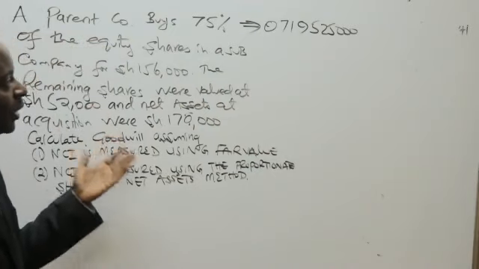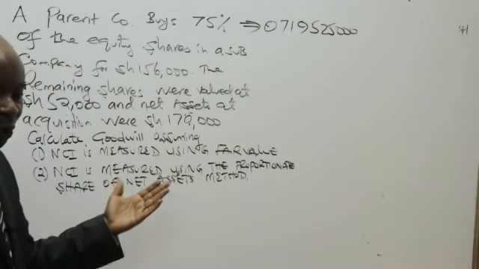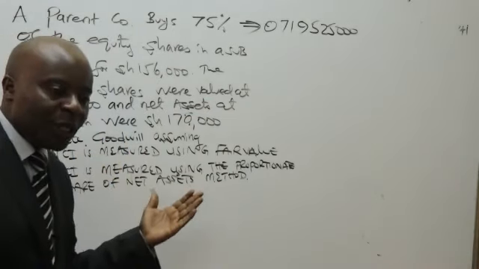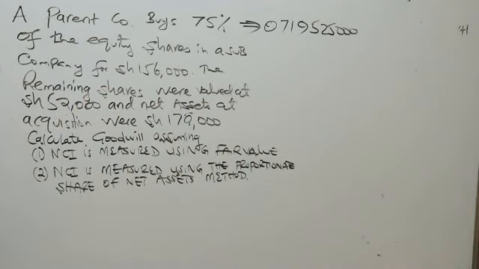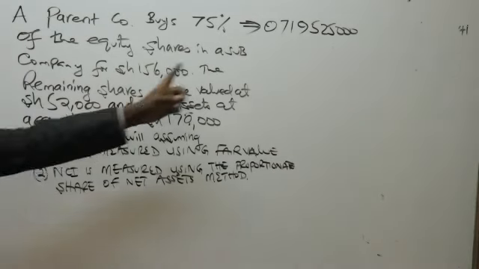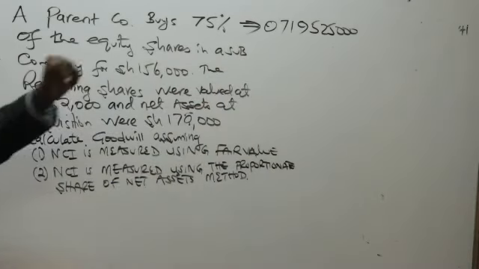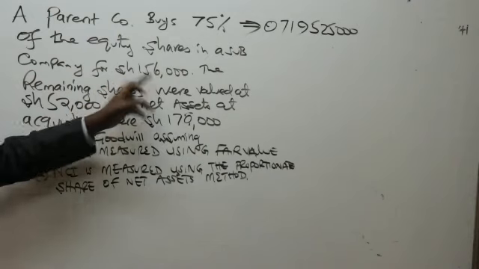And for us, we have a simple example here that I would want us to go through, which will really enable us to understand how this goodwill is computed using the two famous methods. We are told here, a parent company buys 75% of the equity shares in a subsidiary company for shillings 156,000.